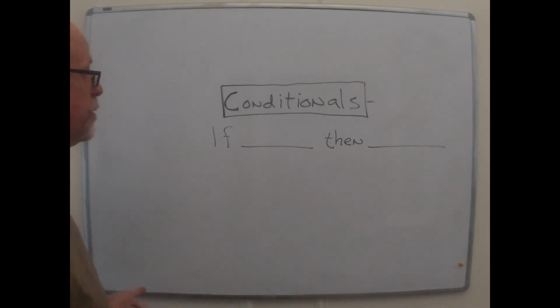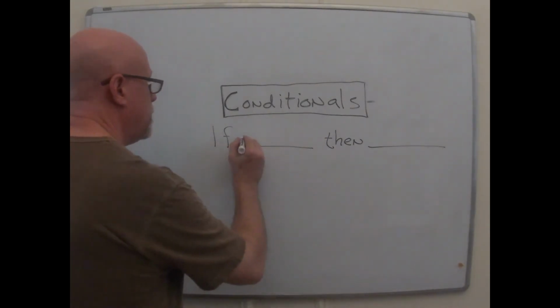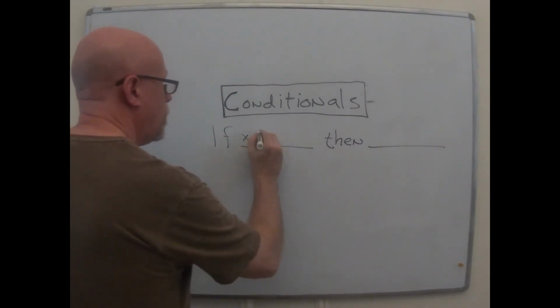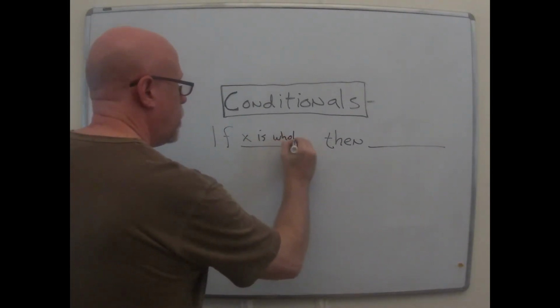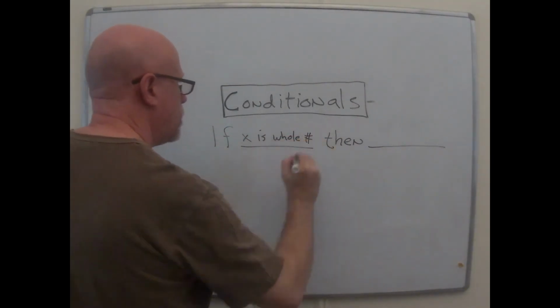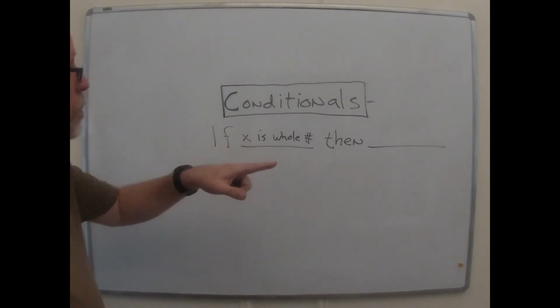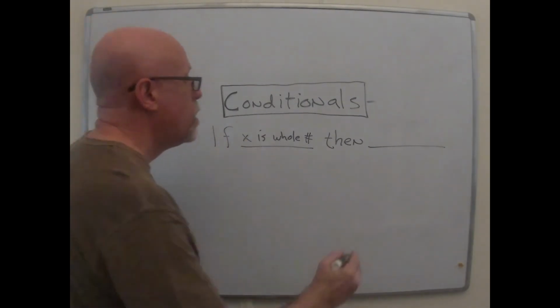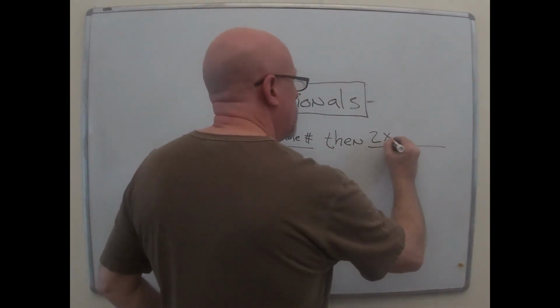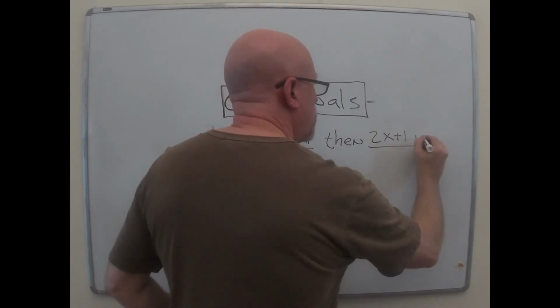So, like, if x is a whole number, just using that sign for the words whole number. If x is a whole number, then 2x plus 1 is a whole number.